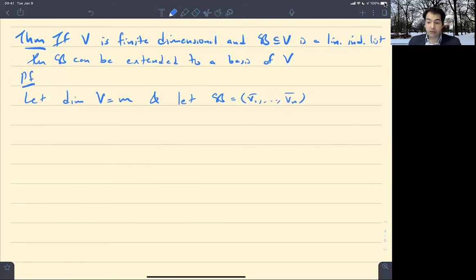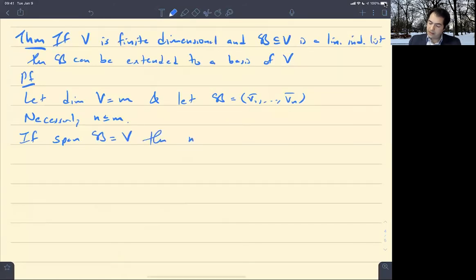Right? So necessarily, N is less than or equal to M. Okay, so now if the span of B is equal to V, then N is equal to M, and we're done.